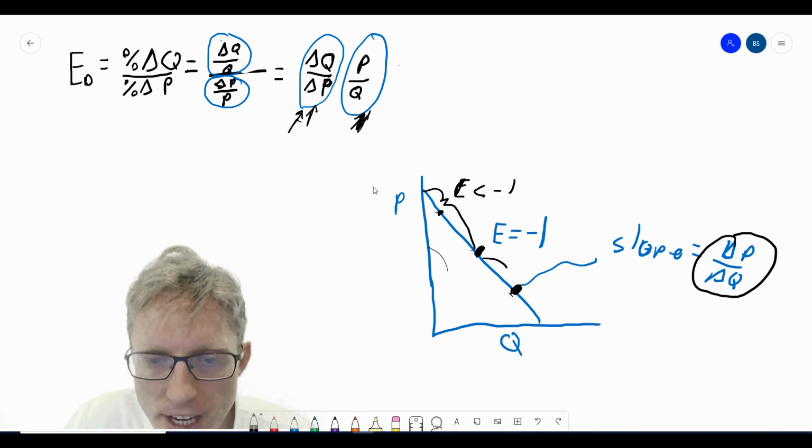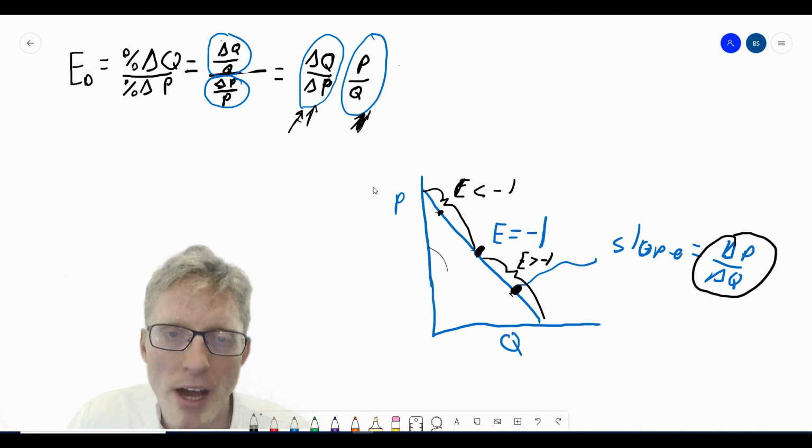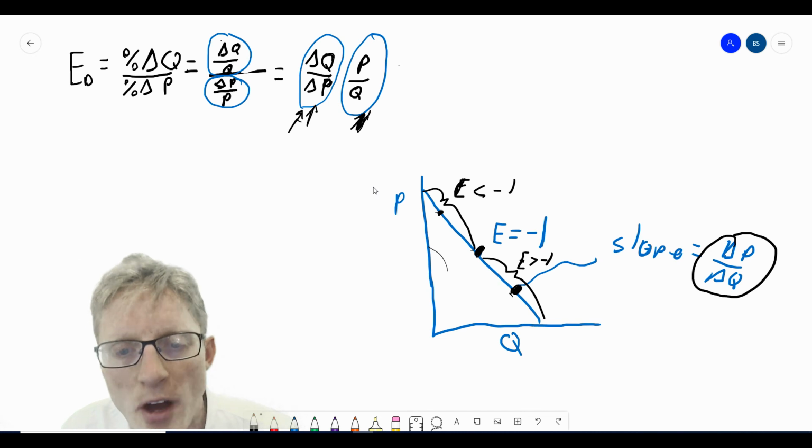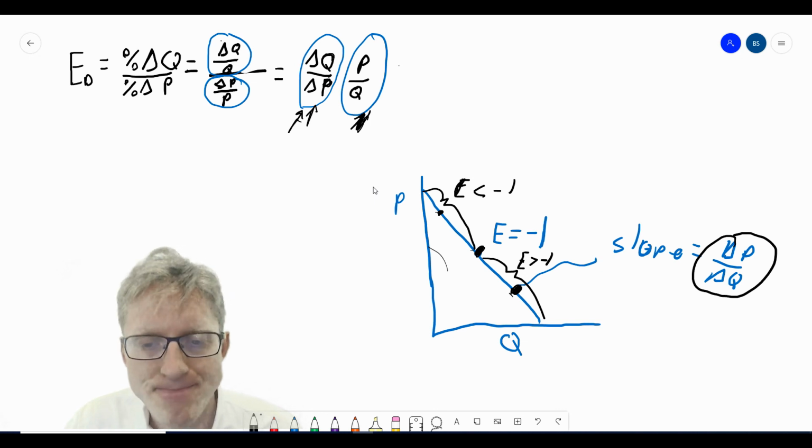And in this range here, it's the opposite. The elasticity is greater than -1, so it's between -1 and 0. So on any linear inverse demand curve, there are some portions which are elastic and some portions which are inelastic.